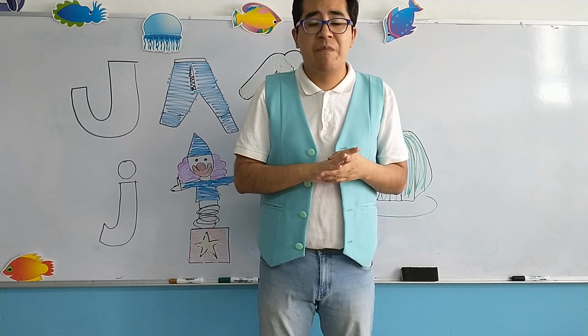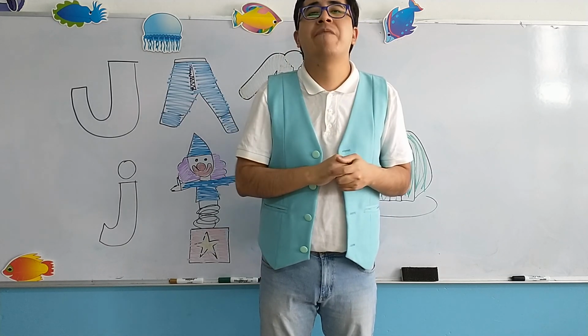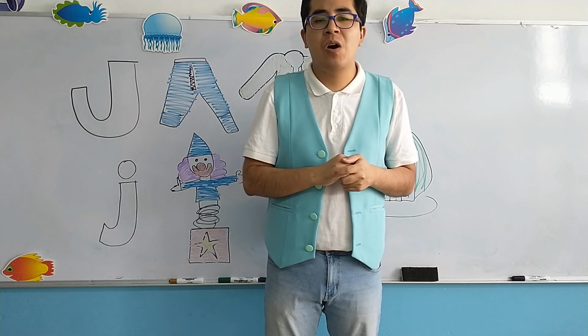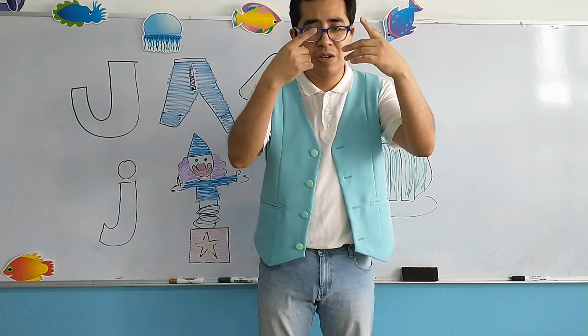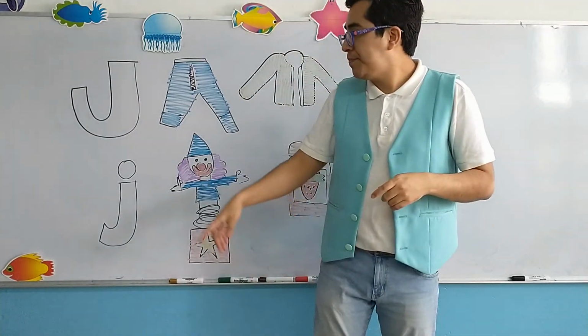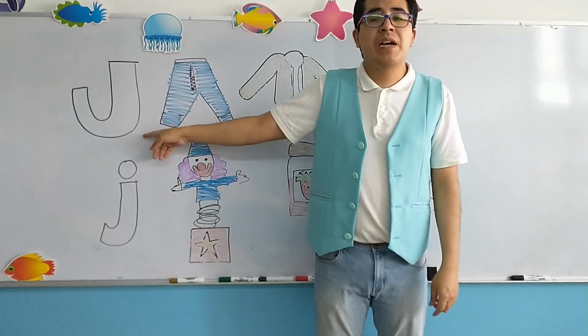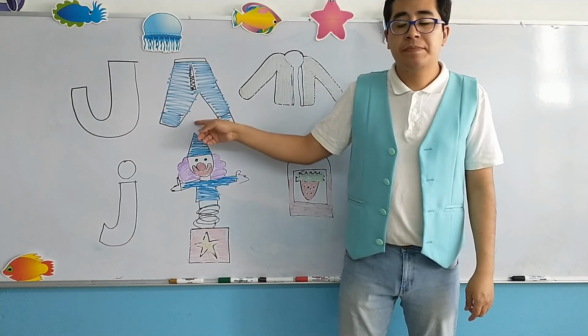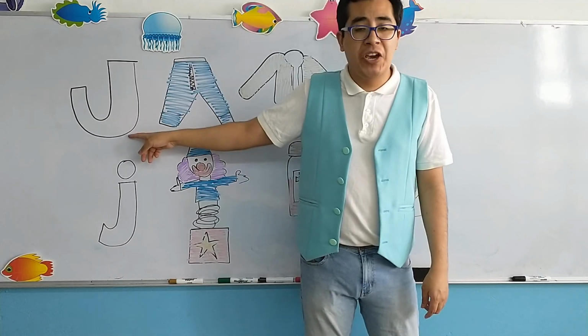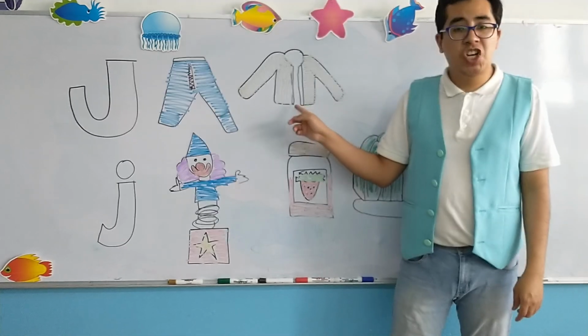And finally, before we finish, let's have another review of these objects. Remember, for this, the teacher Jacob says it first. You repeat after me, please. Capital J, jeans. Capital J, jacket.